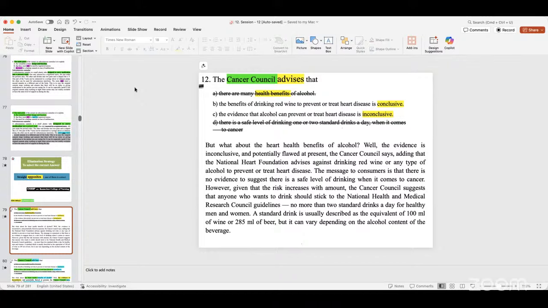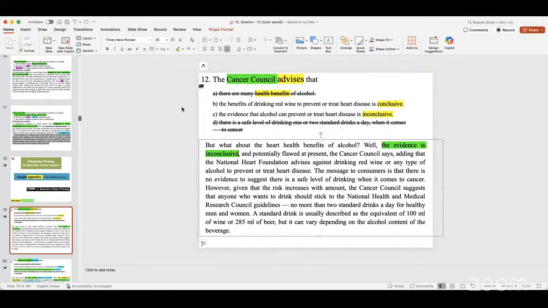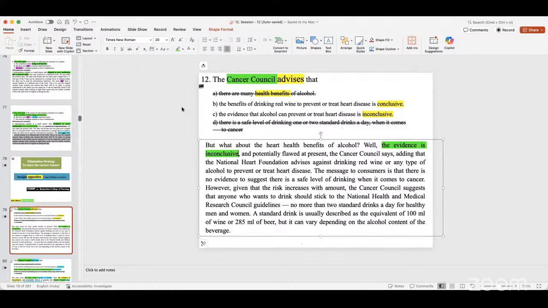But what about the heart health benefit of alcohol, where the evidence is inconclusive and potentially flawed? Stop. Topic sentence: is inconclusive. Any clue? The answer: the evidence is inconclusive. Answer, Option C, right?